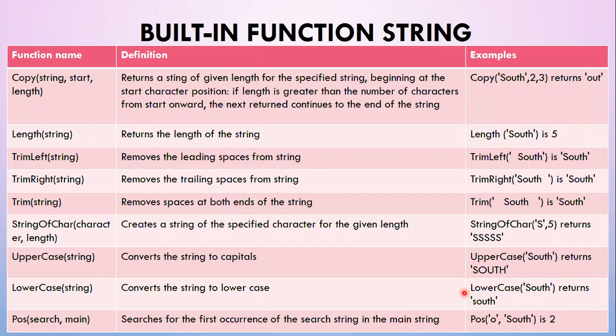So pos of O in the word south: what is the position of the O in the word south? It is 2. This is a lot of terminology. I want you to please copy this into your notes and make sure that you will be able to use them. Okay, go to the next slide.